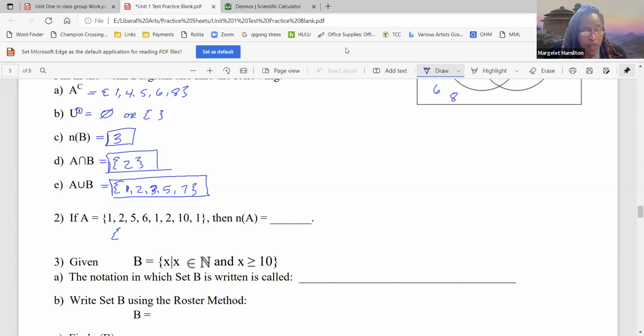I see a 1. I see a 2. What else? A 5. A 6. I see a 10. And that's it, right? Yeah. So then count that. How many things? 1, 2, 3, 4, 5.